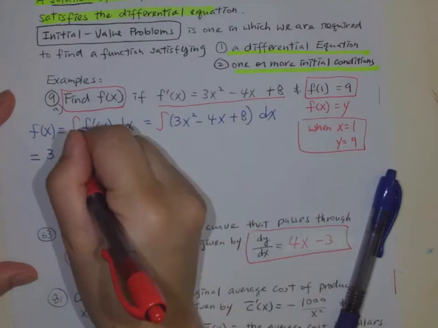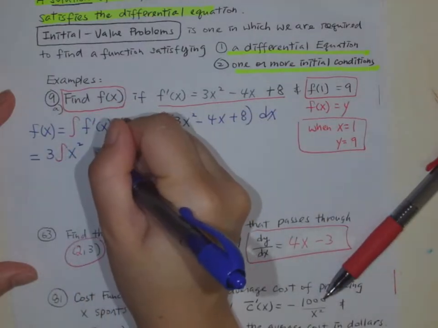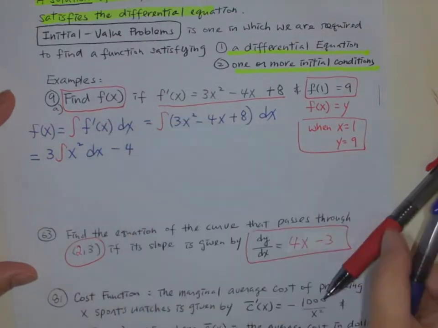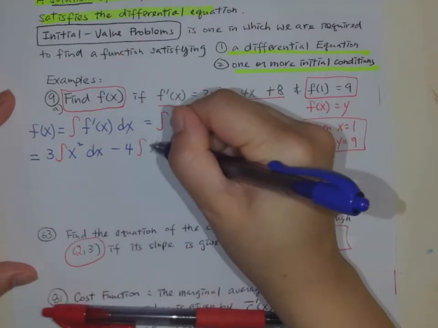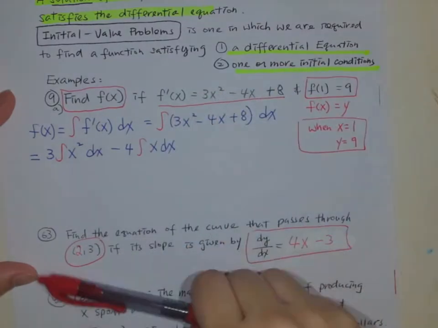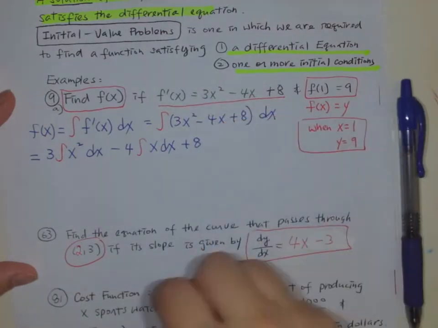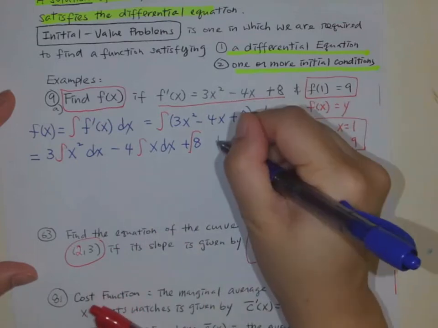Take the integral of x squared dx, minus, I can pull the 4 out, take the integral of x dx, and then adding 8, take the integral of 8 dx.